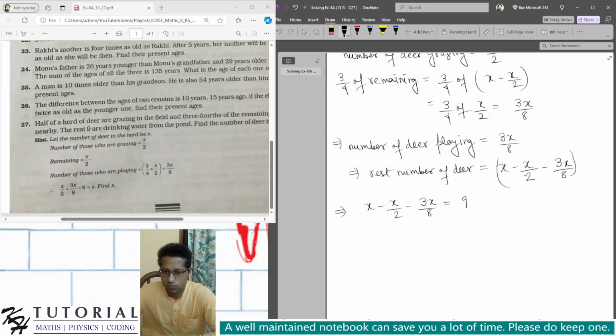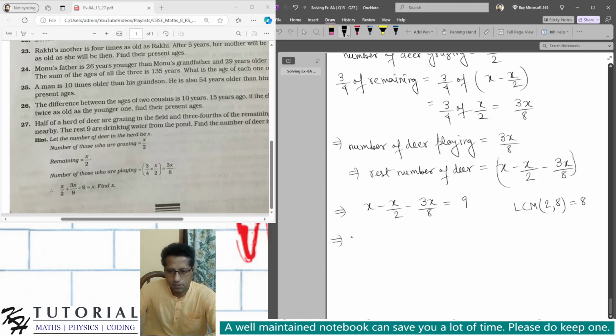So we would like to multiply both sides by the LCM of 2 and 8, which is 8. We will multiply both sides by 8 so that we get rid of the rational terms in the equation.